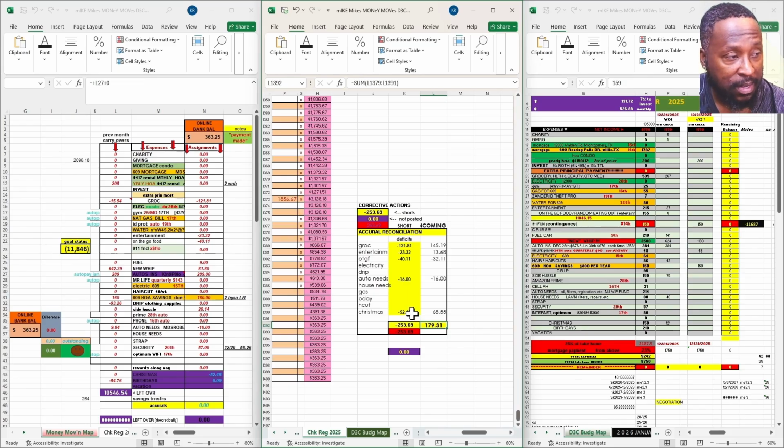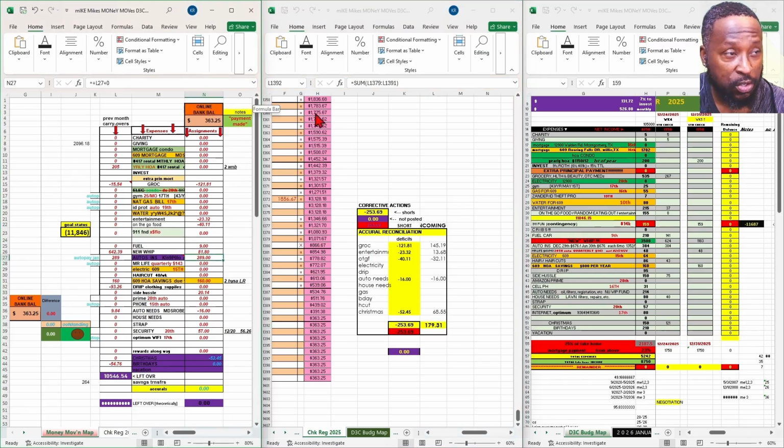That's why, again, I say that it's really not a huge big deal when you have all of your ducks in a row and you're monitoring your money like this. You kind of already know in your head, and you have full control over what you're doing.